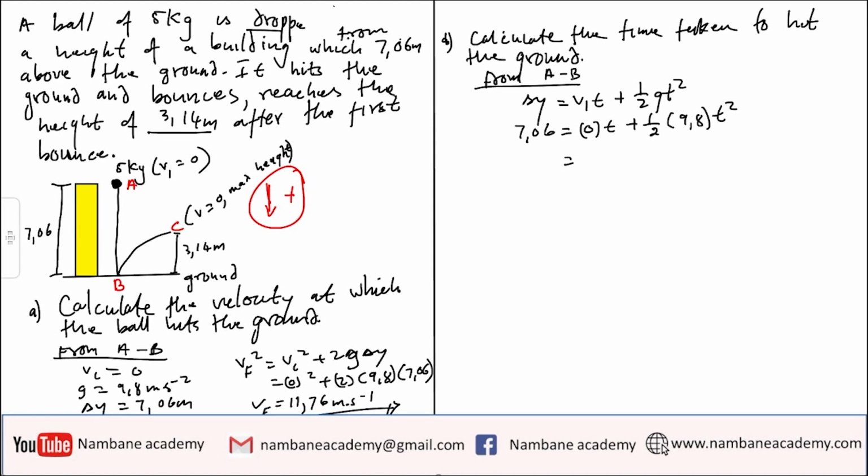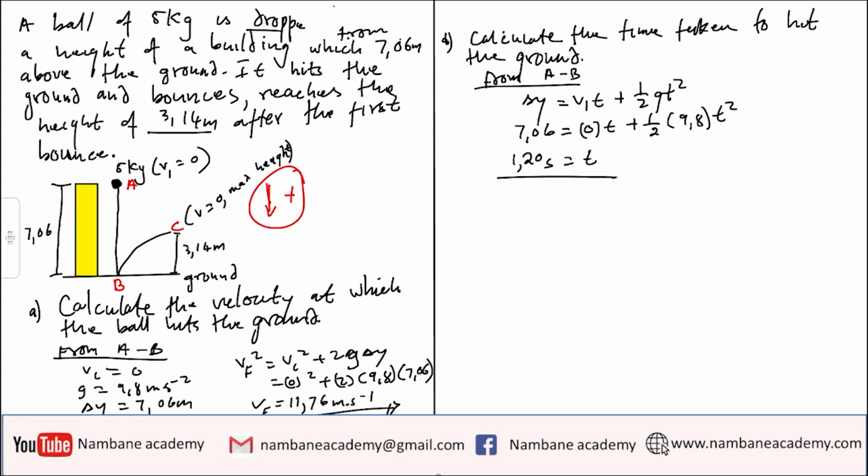After doing the mathematics, you find that t is equal to 1.20 seconds. Please verify my mathematics, but I believe everything should be correct. It's as simple as that. So I am not complicating the science. I am just making you aware of how you can play around with all these things.